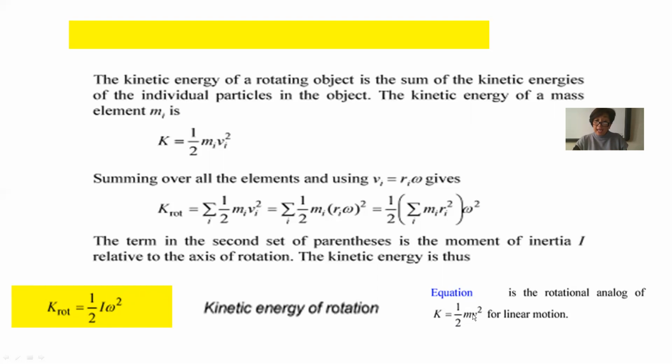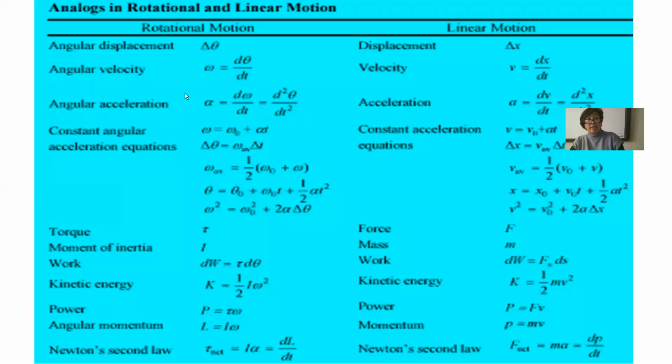Here the mass is for linear motion, and the moment of inertia is for a system of particles rotating about the axis. Okay, and this is the table of analogies between rotational and linear motion.